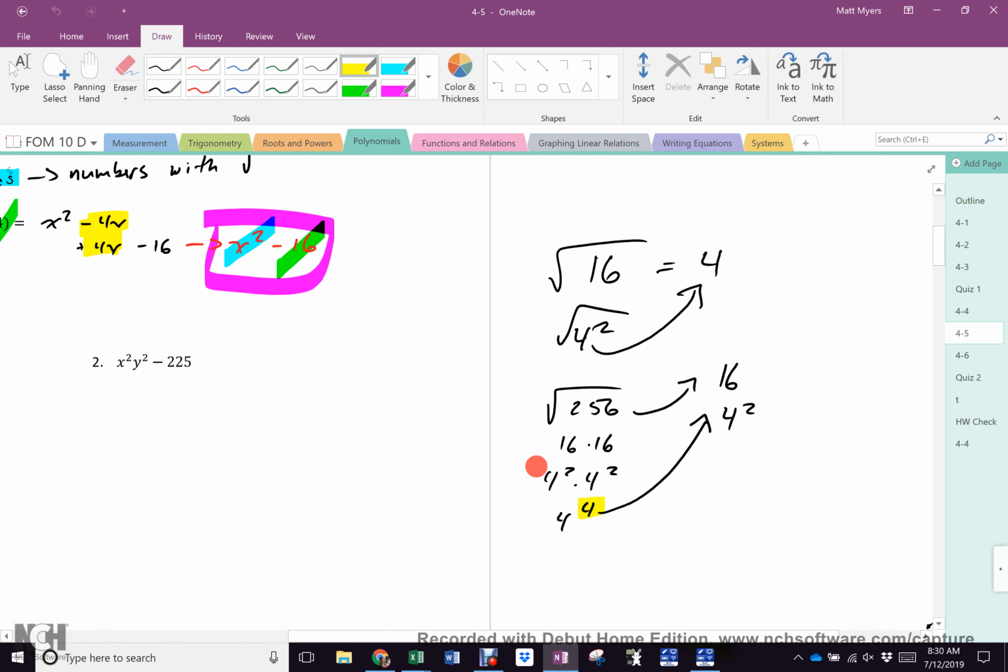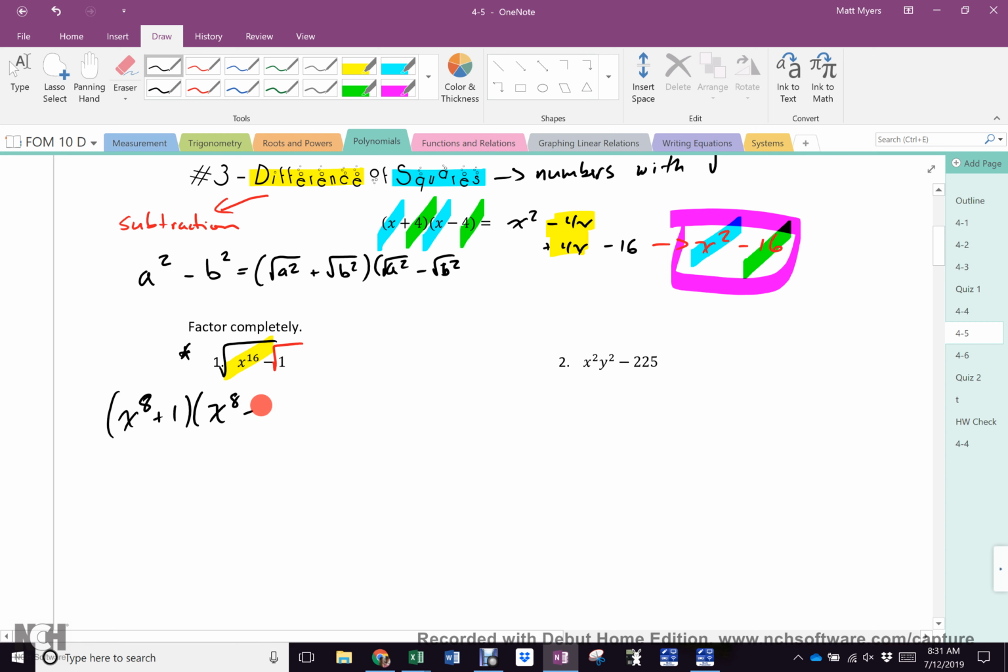X to the 8th. Now, I'm going to put a little star there because I'm going to do something later on that will address what just happened. Okay? And what is the square root of 1? 1. So it's x to the 8th plus 1, x to the 8th minus 1.